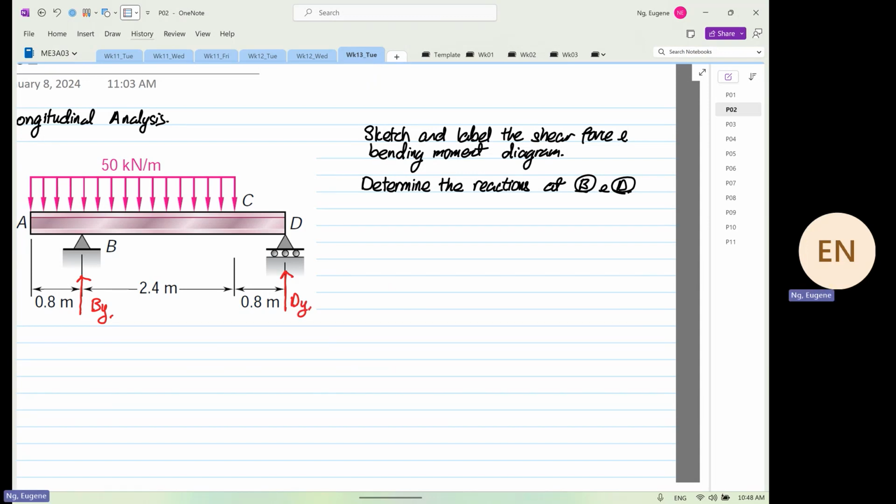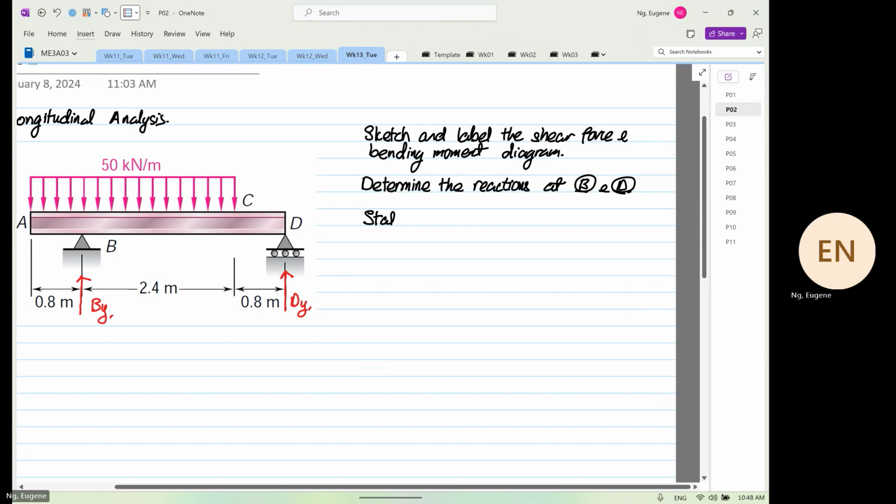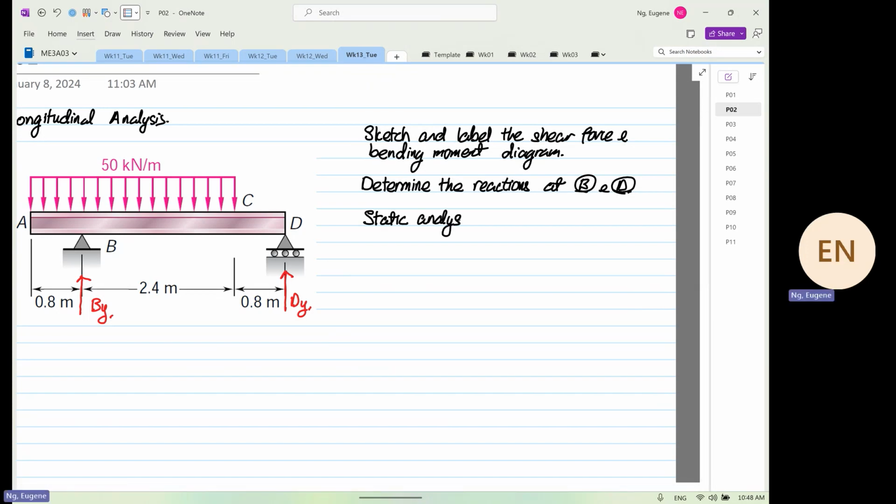So what we are going to do is carry out static analysis. This is what you all learned in 2P. We are going to take the summation of moments about the z-axis at point D, and set it equal to 0.